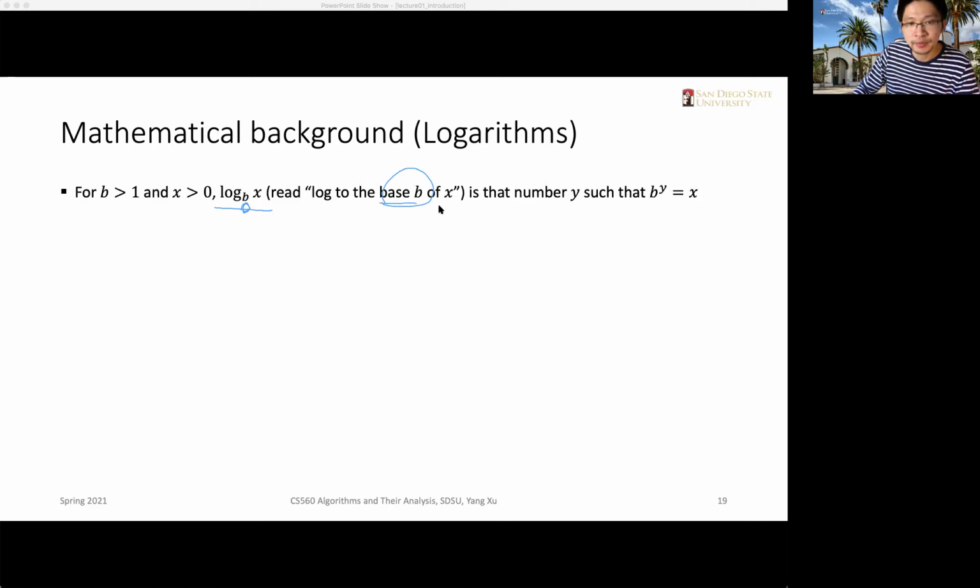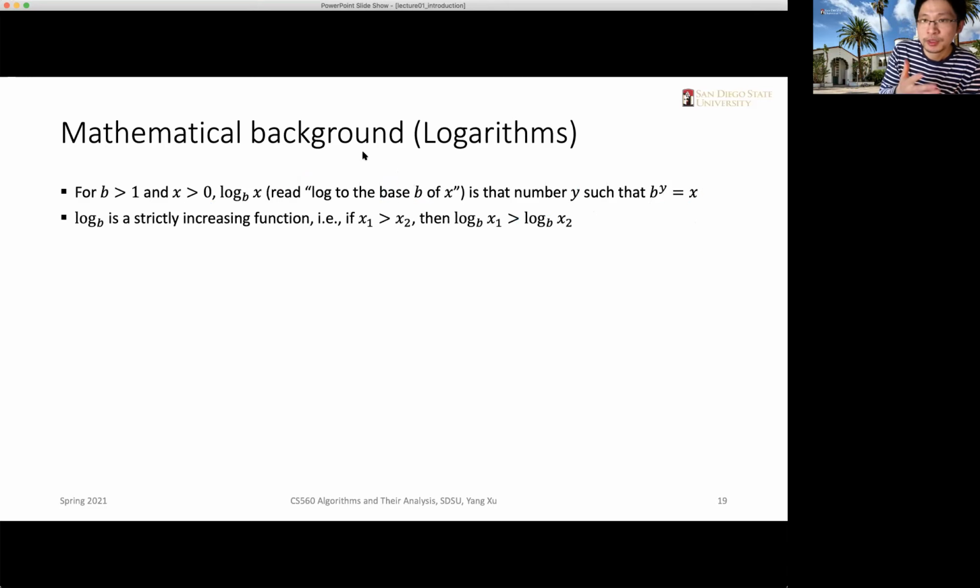So the log to the base b of x is written in this form. The meaning is that if we raise b to the power of y, then we get x, and y can be described by this logarithm term. All right, so that's a logarithm function.